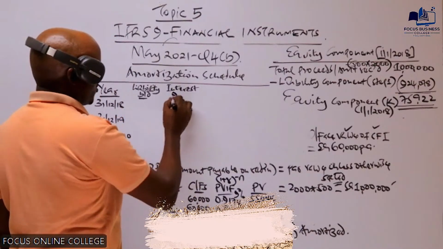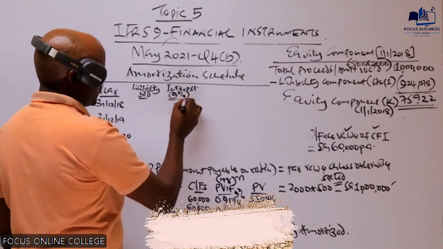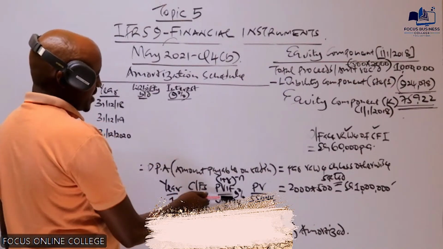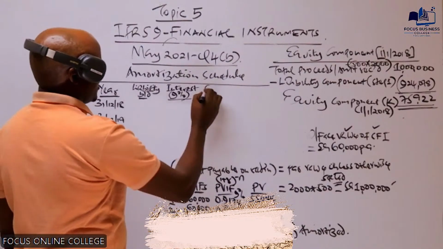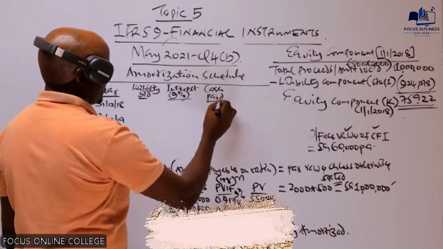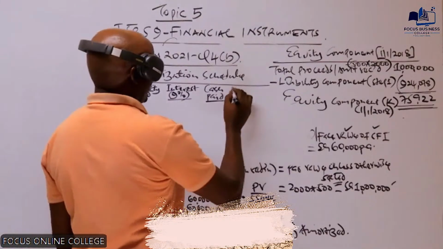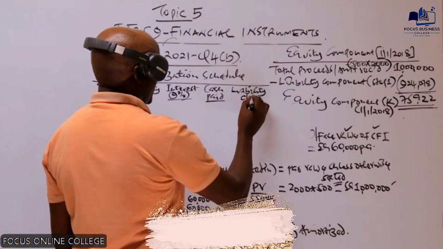If you can recall, the rate we used for discounting was 9%. We compute this interest based on this market interest rate, not the coupon rate. And then here we have the cash paid, and then the last column, which is the liability at the end of the year.